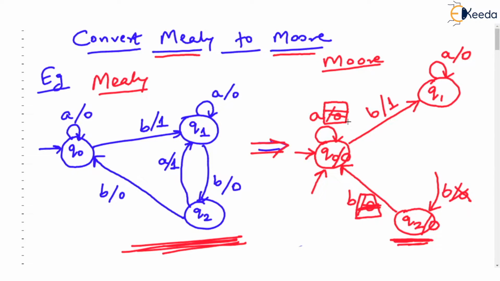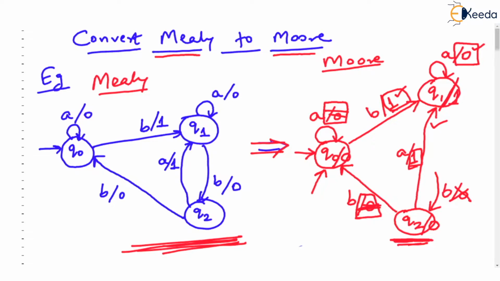And there is one more incoming transition from Q2 to Q1, which is labeled as 1. Now the problem is that the outputs on these three transitions coming into Q1 are not the same. On one transition the output is 0, on the others the output is 1. The problem now is how do you write the output for Q1?